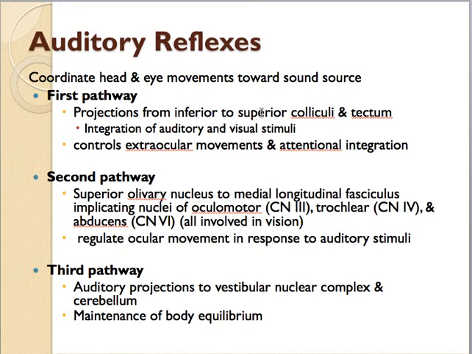That medial longitudinal fasciculus is the fiber tract connecting the abducens, the trochlear, and the oculomotor. The third projection is to the vestibular nuclear complex and the cerebellum. As you're turning to auditory stimulation, you need to maintain balance, and this is a way balance is maintained via the vestibular system and the cerebellum.